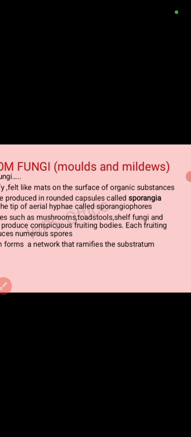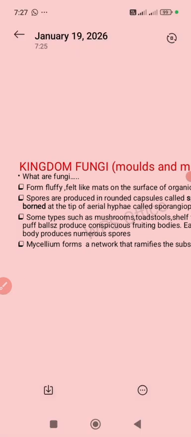Some types such as mushrooms, toadstools, shelf fungi, and puffballs produce conspicuous fruiting bodies. The mycelium forms a network that ramifies the substratum. That is the kingdom fungi.